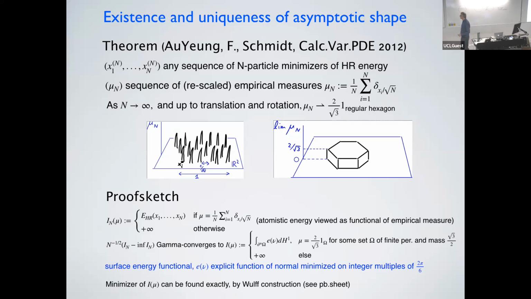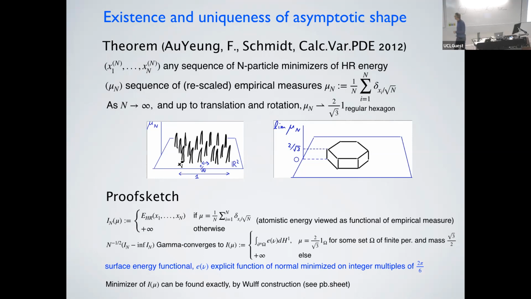The proof sketch is you do a gamma convergence result. We look at this energy and find out what the limit minimizes. The density needs to become uniform on a set. So it's a uniform measure on a set. The stuff you were talking about this morning, that you have some singular piece on the boundary and something else, does not happen here.